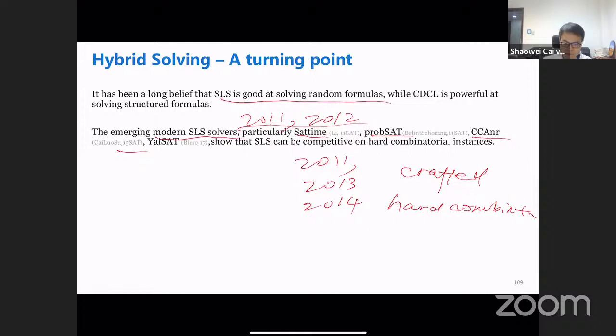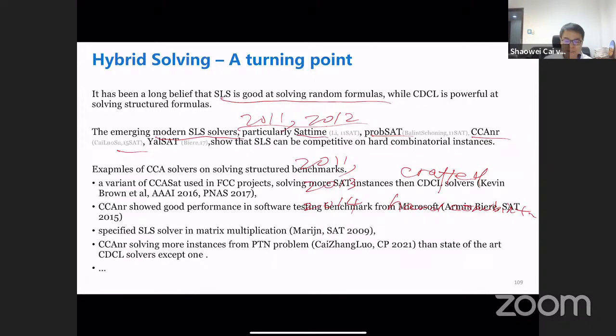Sometimes it can solve instances that all CDCL solvers cannot solve. Then people found that the comparison of local search and CDCL on a benchmark actually depends on the people submitting benchmarks to the SAT competition.